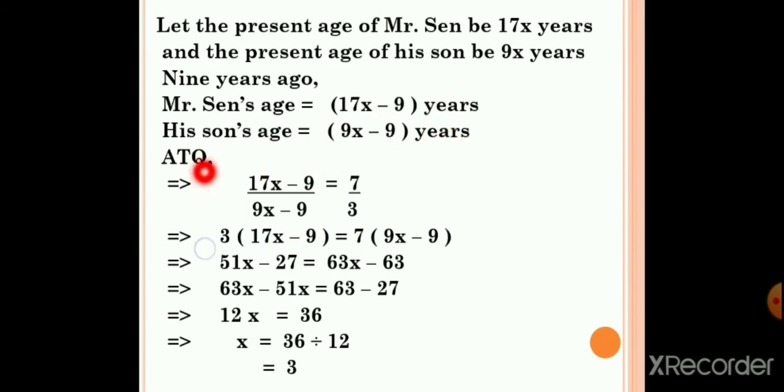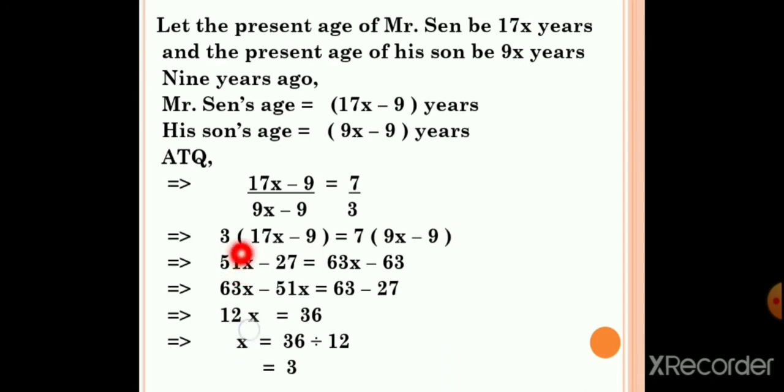According to the question, when their ages 9 years ago are arranged, the ratio is 7/3. So we have written (17x minus 9) divided by (9x minus 9) equals 7/3. So we can cross multiply it now. 3 into (17x minus 9) equals 7 into (9x minus 9).